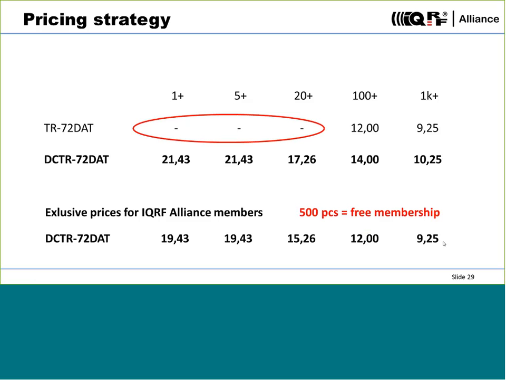The membership costs exactly 1,000 euro, and you get much more benefit. So even without all the other benefits, if you order more than 500 pieces, your membership is paid off. If you start ordering these kinds of amounts, don't hesitate to join the Alliance, because it brings you a lot of benefits like promotion and so on. We'll discuss that right now, but it also brings immediate cost savings for you.